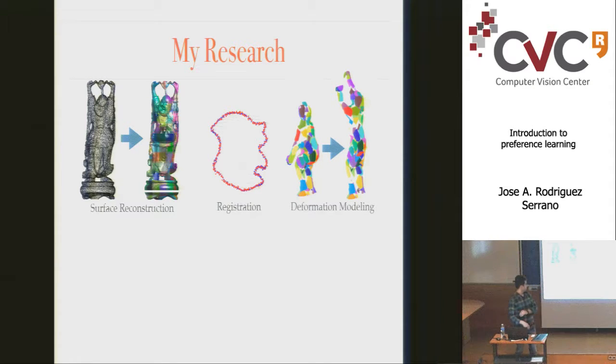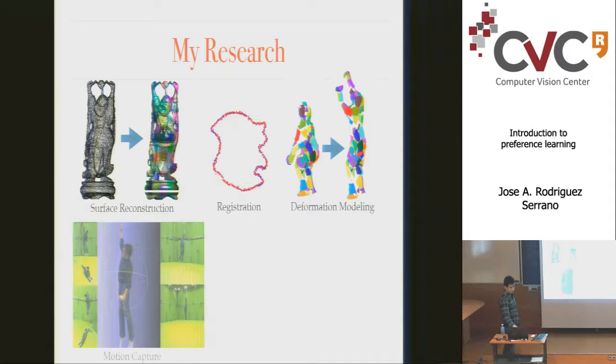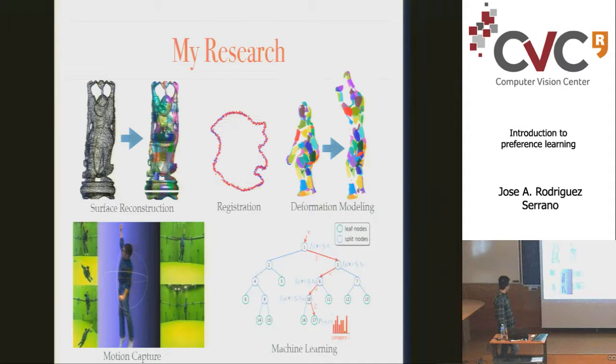Then I moved to deformation modeling. When I joined INRIA in Grenoble, I was working on a motion capture system. We had this huge acquisition room to capture the 3D geometry of the person and the texture information as well. And then the idea was to track or do matching based on that.